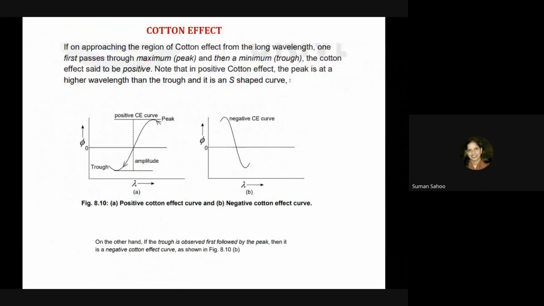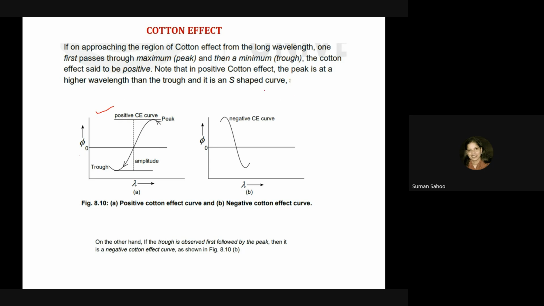And the next one is the Cotton effect. It is plotted against wavelength and angle. On approaching the region of the Cotton effect from long wavelength, if one first passes through a maximum and then a minimum, then the Cotton effect is said to be positive.